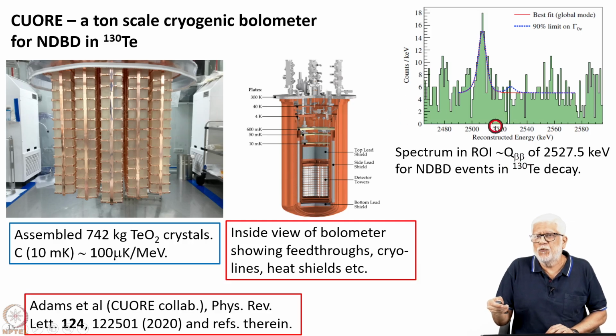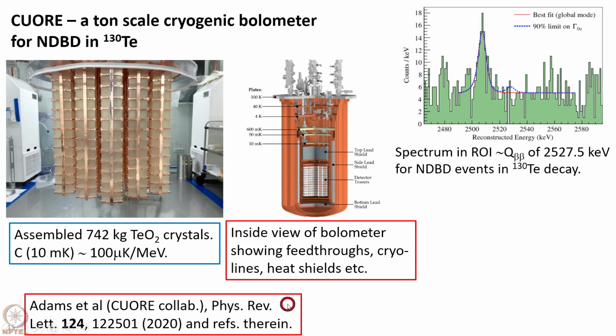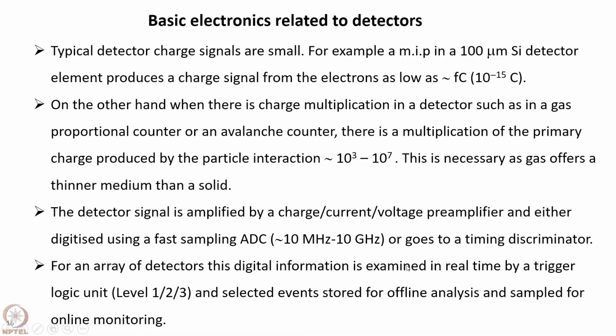So, hopefully we will see neutrinoless double beta decay in this case, else we have put the best bound that can be put, and this would probably go either way in deciding the physics of neutrinoless double beta decay. So, this is the reference given here, and of course, there are several references in that which tell you about the apparatus and so on.